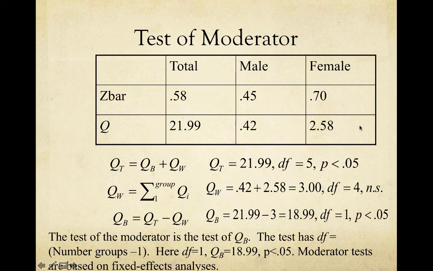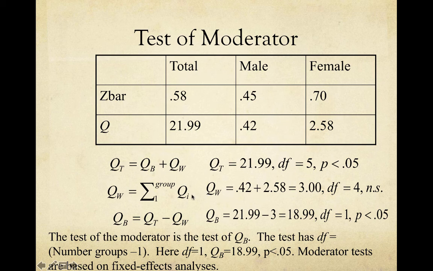For females, it's 2.58. All right, so it turns out that just like in an analysis of variance, where the total sum of squares is equal to the sum of squares between plus the sum of squares within, the value of Q, the weighted sum of squares, is equal to between plus within. So these are sums of weighted squared deviations. 21.99 is what we had for the total.